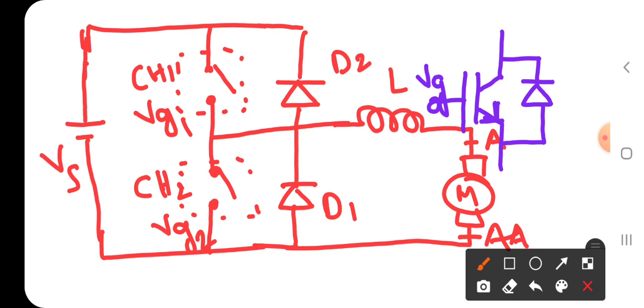Gate, drain, source: for which device do we have the three terminals like gate, drain, source? I will tell you at the end of the class today. I want to replace this chopper with this switch.